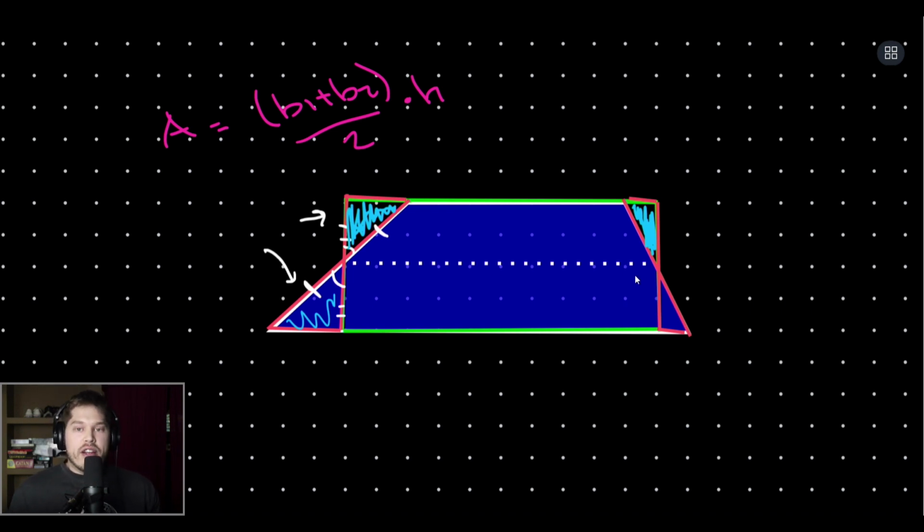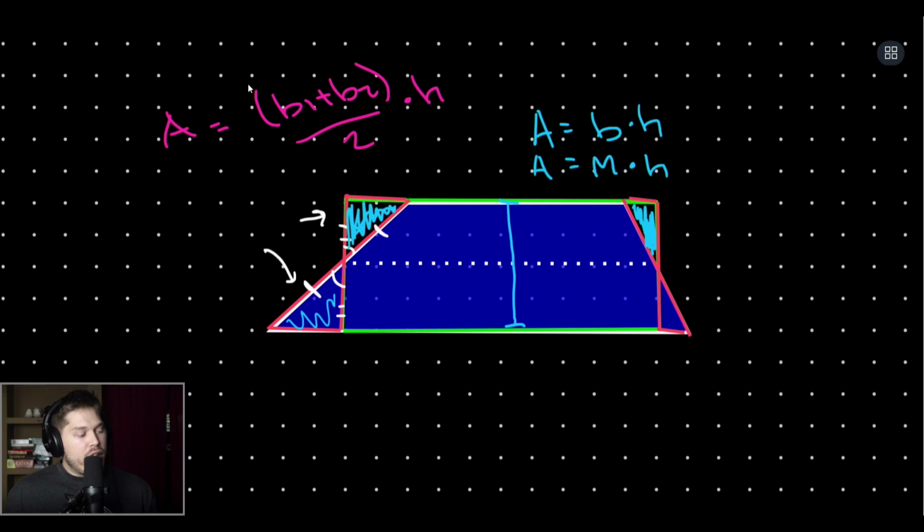And we know that the area of a rectangle is, of course, our base times our height. The base of our rectangle is the length of our midsegment, and the height is just our height, h. So the area of our blue rectangle is our midsegment length times our height.